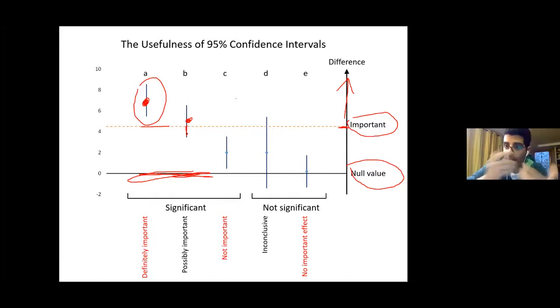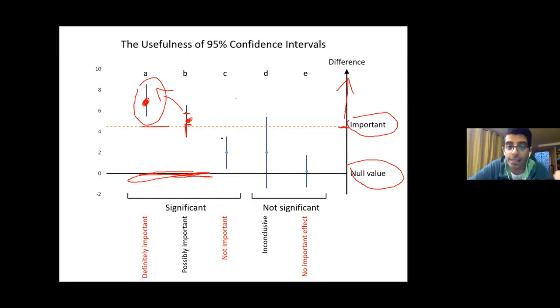Usually what articles would tell this person is, hey, repeat your study and gather more data, get a higher sample size, because the interval will get narrower and eventually it might become just like A, right? It looks like if he collects data, he'll probably be able to become like A. But we can't say that it's important full on, right? You can't say it's important, because there could be some values here, right?